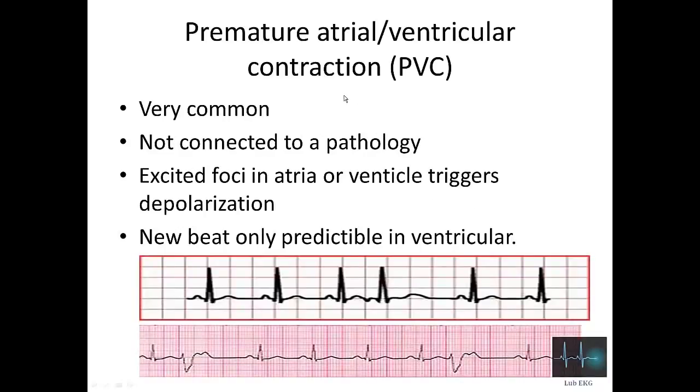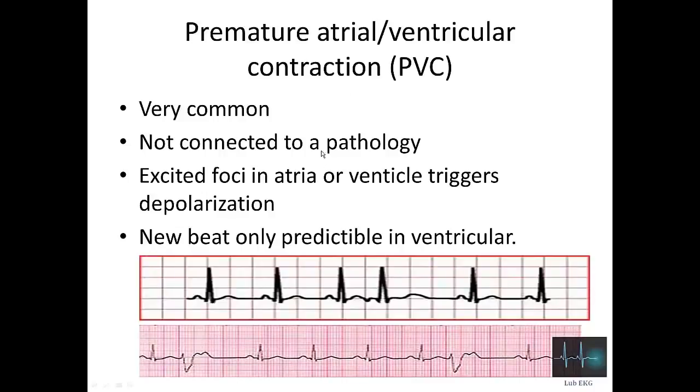To demonstrate the golden rule and also talk about the most common arrhythmia, one that you definitely will encounter, we have the premature contractions, either of the atria or the ventricle.